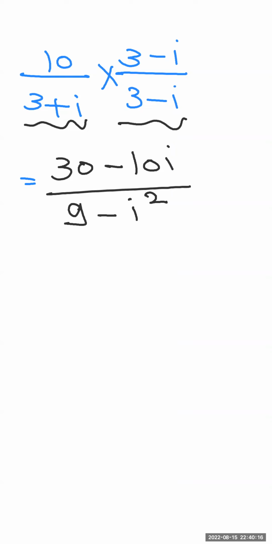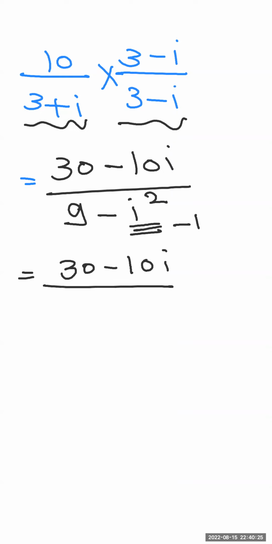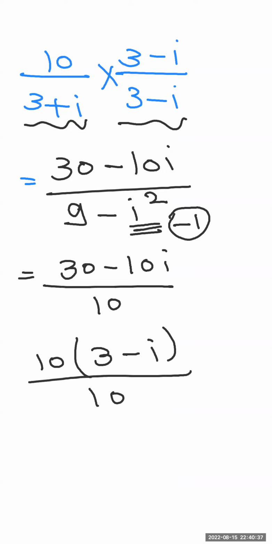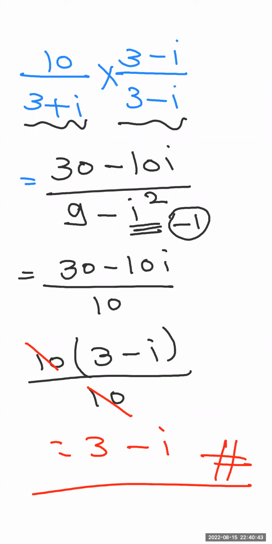So now the numerator is 30 minus 10i over 9 minus i squared, which is negative 1. 9 minus negative 1 means 9 plus 1, 10. Now, 10 is a common factor: 3 minus i over 10. Cancel 10 with 10, so it will equal 3 minus i. Done. Okay, guys, clear? Yes.